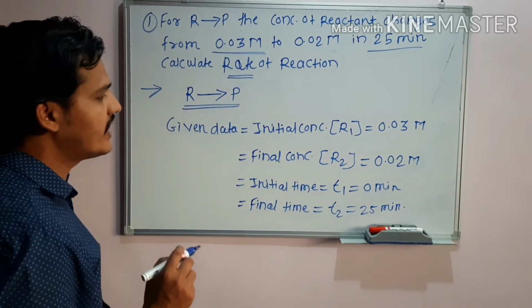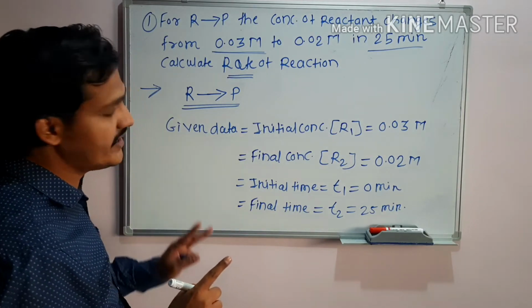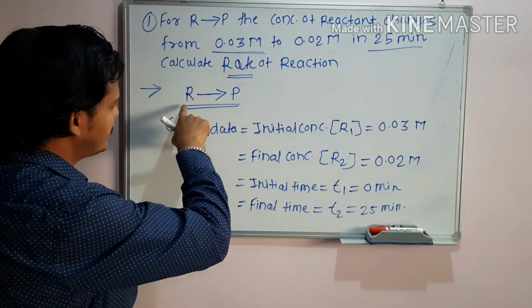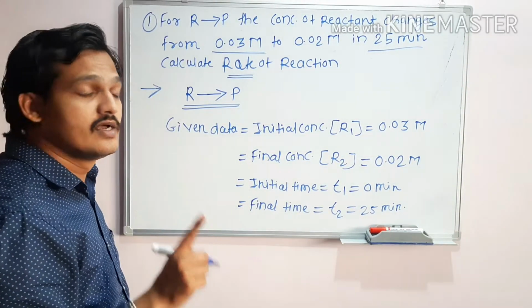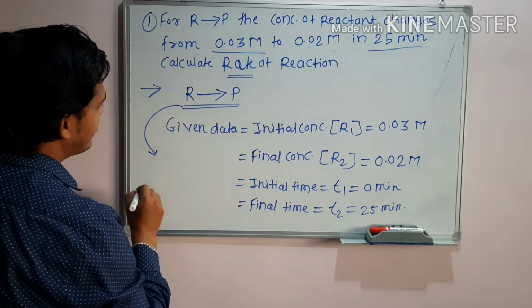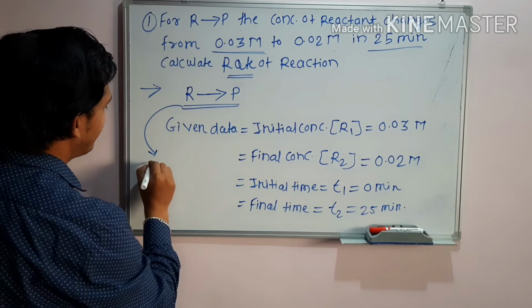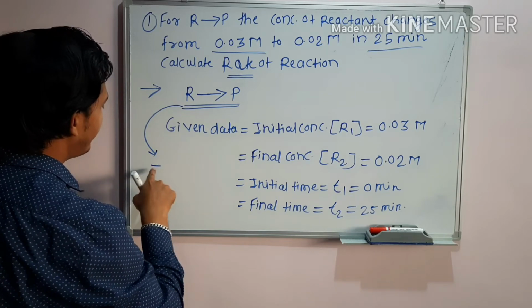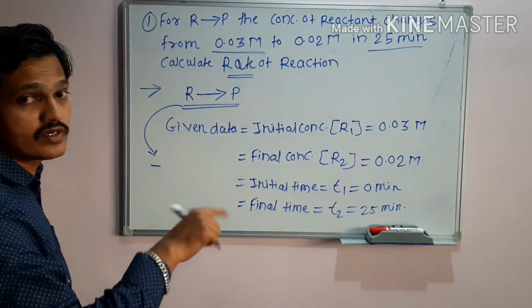So what do we have to calculate? We have to calculate the rate of reaction with respect to concentration of reactant or concentration of product. So the answer must be equal. Okay, so we have to calculate in terms of reactant. The stoichiometric coefficient of reactant is 1. So our main point is that the minus sign indicates the reactant side only. The minus sign is added to the reactant side only.